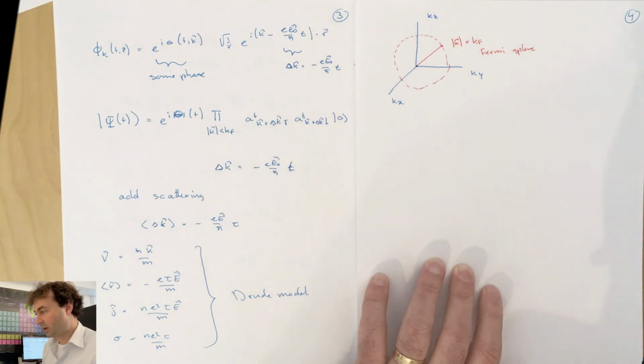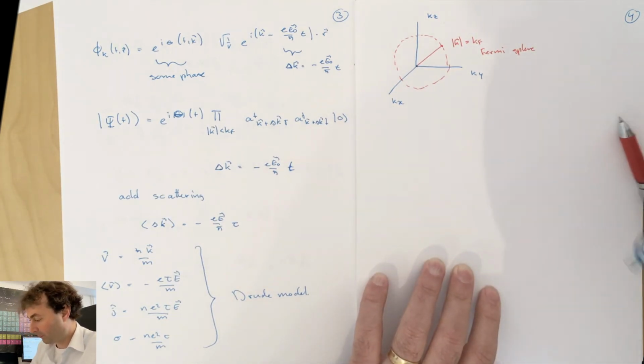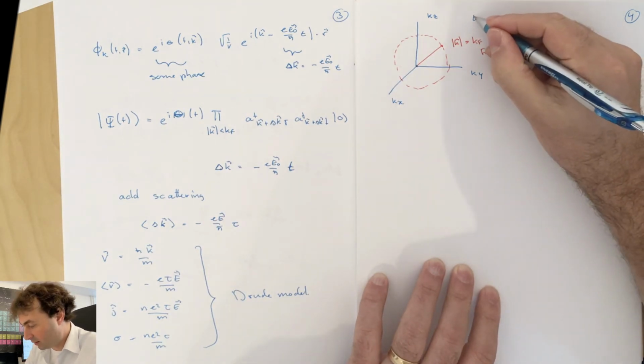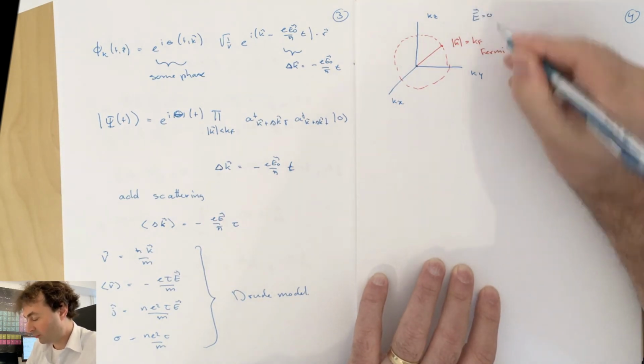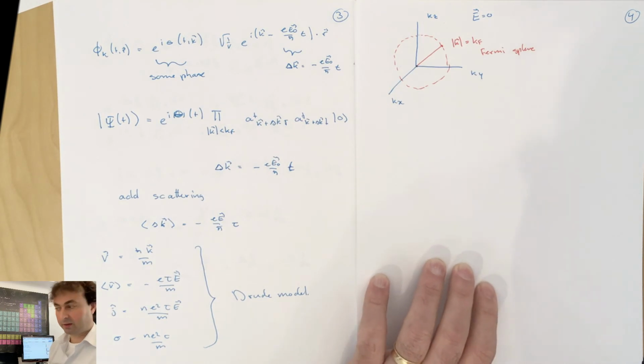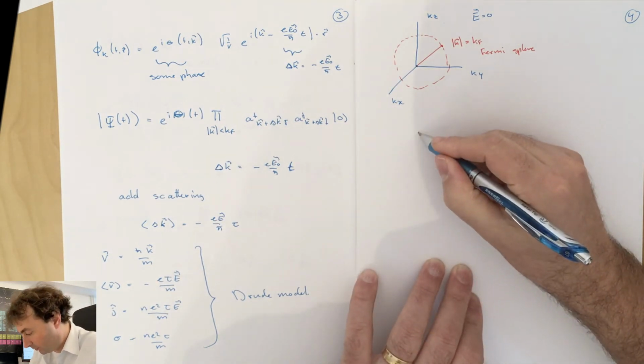And the states inside the Fermi sphere are occupied. So this is the picture that you have without an external electrical field.